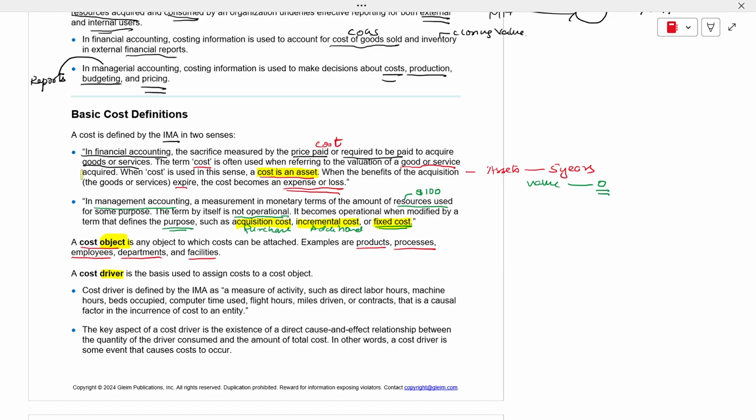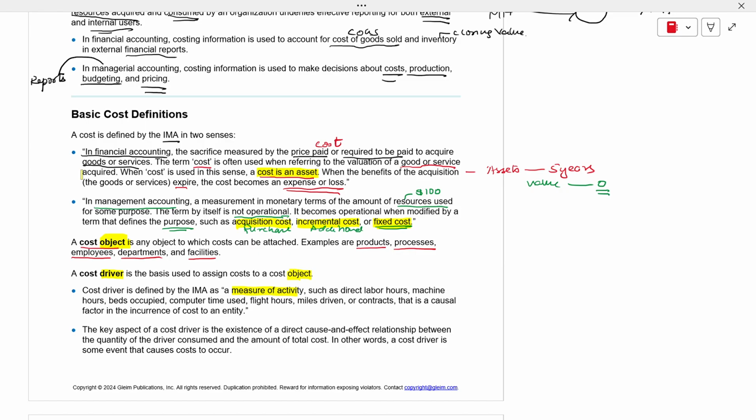What is the cost driver? What drives the cost? It is a measure of activity. The cost driver is the basis on which cost is assigned to the object, whether in terms of product, process, or employees.